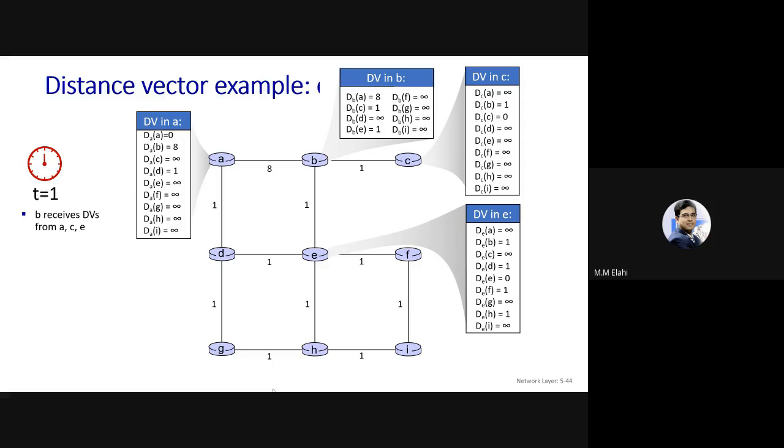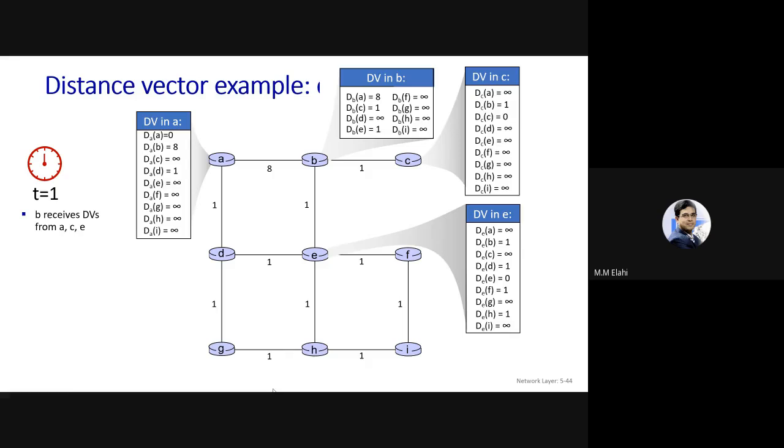Just one more table I have to write down. That is the distance vector of E: dE to A is infinite, dE to B is 1, dE to C is infinite, dE to D is 1, dE to E equals 0, dE to F equals 1, dE to G equals infinite, dE to H equals 1, dE to I equals infinite.